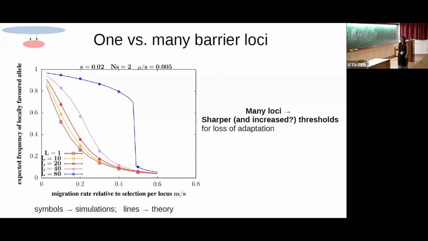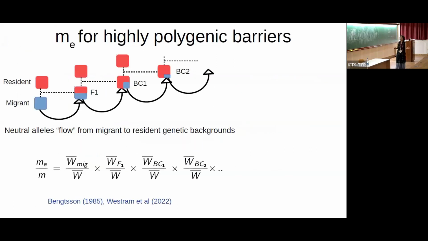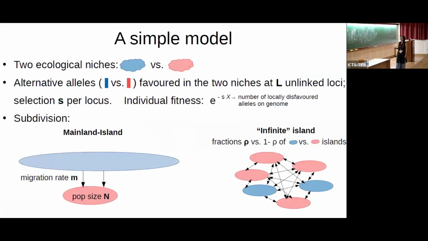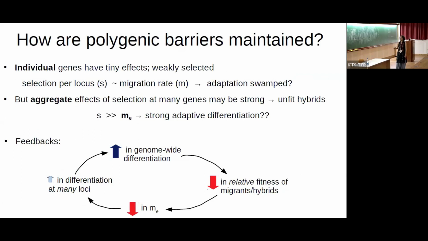This sudden collapse is quite characteristic of polygenic divergence. If we go back to the picture that we have, there's a positive feedback: even if there are slight changes in divergence levels at individual loci, together, if there are many such loci, they can have quite a strong effect on overall divergence, which can have a strong effect on the fitness of hybrids.